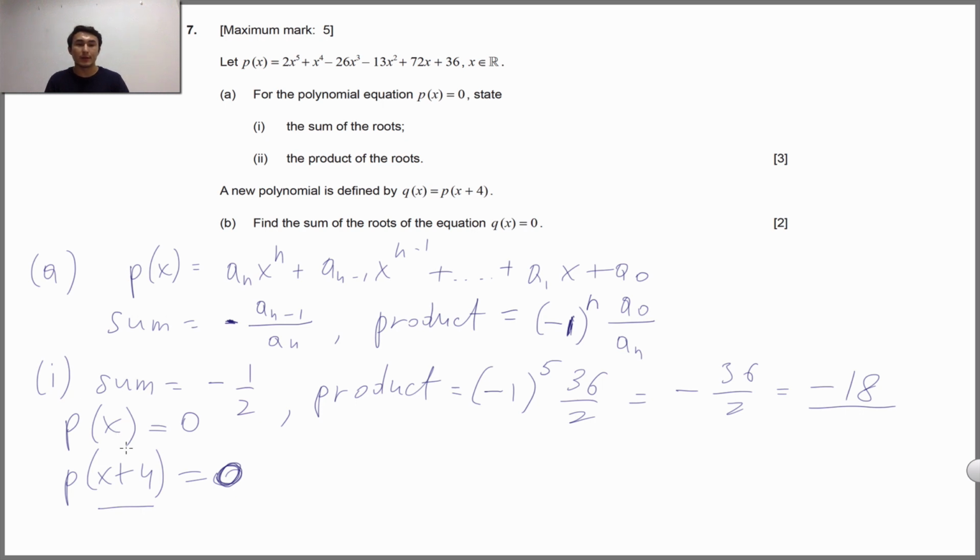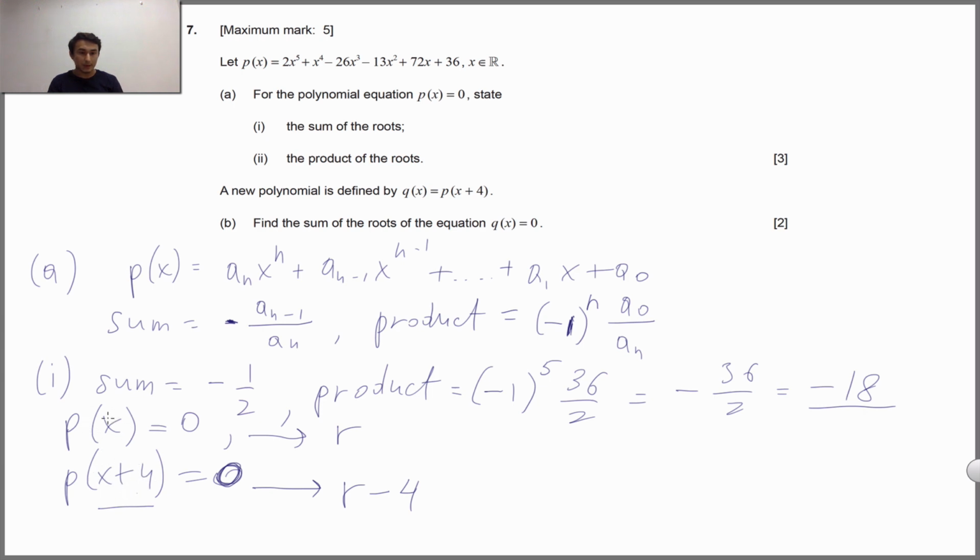Let me put it in this way. Let's say one of the roots of p(x) was r. If it was r, then the root of p(x) plus 4 will become r minus 4. Think about this. If you put, instead of x here, r minus 4, it will be r minus 4 plus 4, it's still p(r).